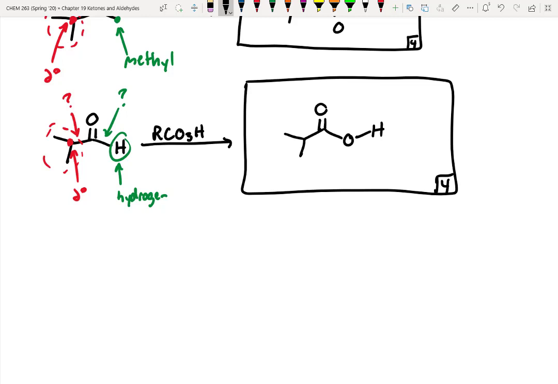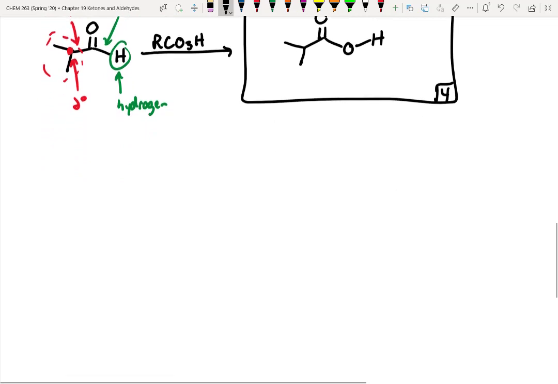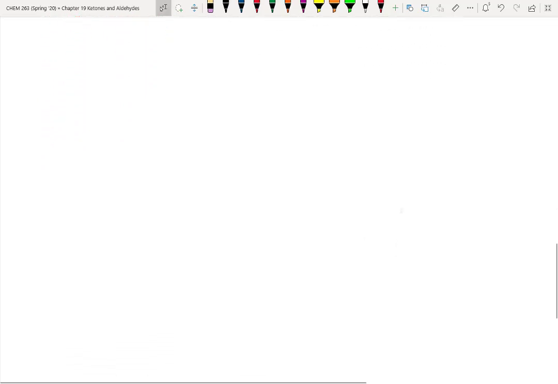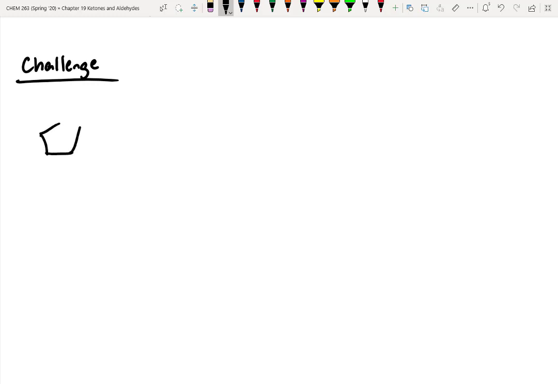All right, so let's take a look at a slightly harder problem. And this problem is going to kind of dig into synthesis a bit more. All right, and in this problem, we're going to start with this starting material.